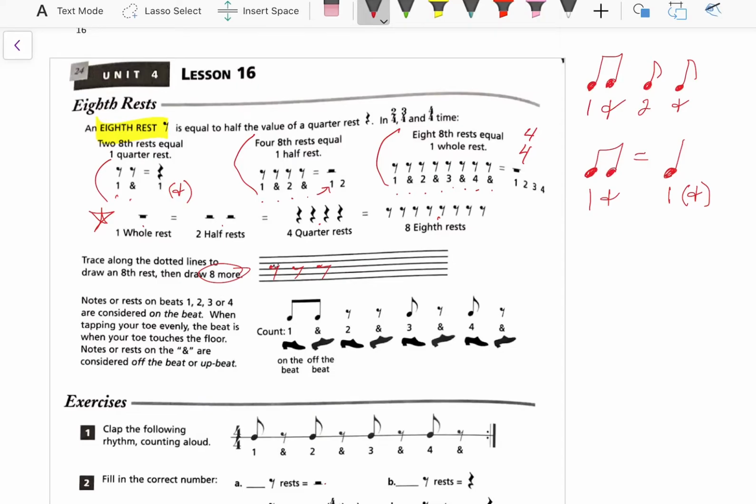Now, we've talked about how you tap your foot along with the beat. And I love this drawing that they give us here because this really helps explain it. So when you are tapping your foot, your toe comes down and taps on the ground on the beat, on the number. The number is what we call the beat, okay? So 1, 2, 3, 4. My toe comes down on the beat.